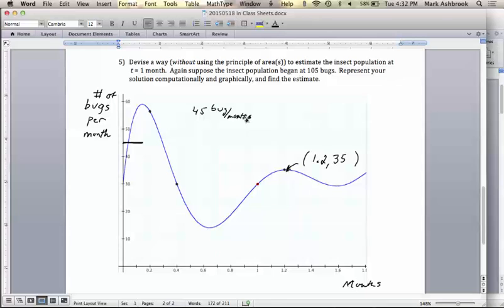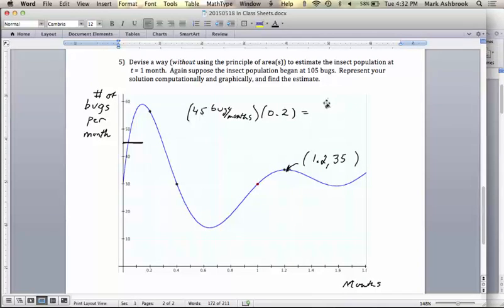And if we want to know approximately how many bugs the population grew by in the first 0.2 months, what do we do? Yeah, if it's 45 bugs per month, then we're going to take 0.2 of that. So at 0.2 months, it's going to be 0.2 of 45 bugs.